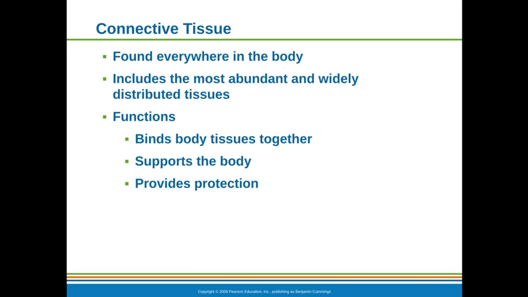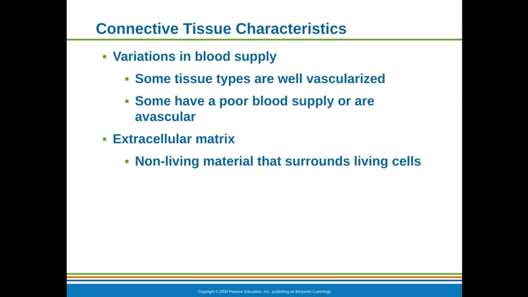Now, connective tissue is found everywhere in the body, and it quite literally holds the body together. Okay, so it binds different body tissues together, supports, even provides protection across the entire body. So its characteristics: there are different variations in blood supply that are present throughout the different types that we'll go through.